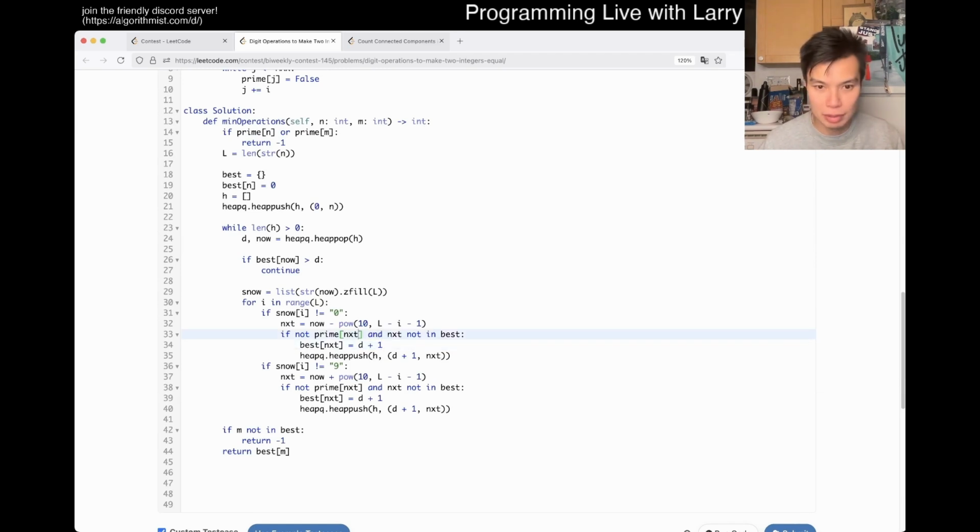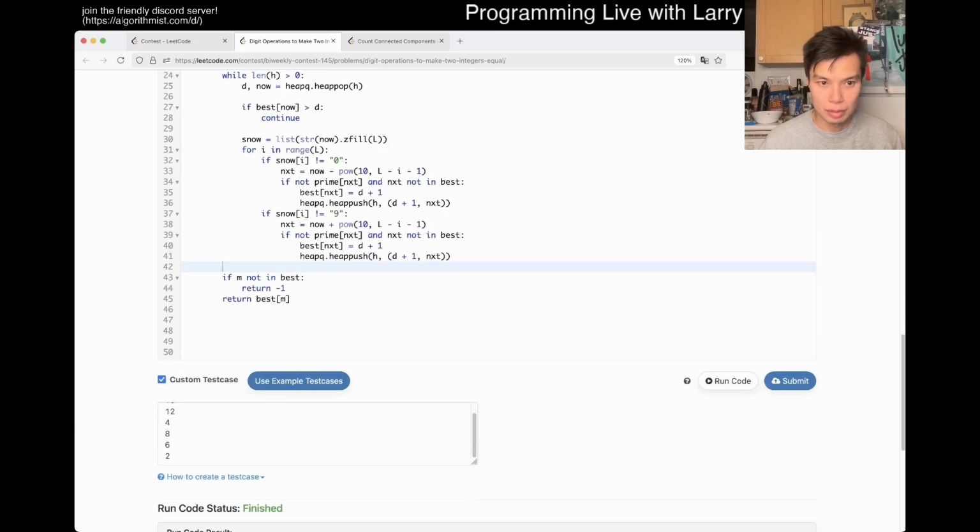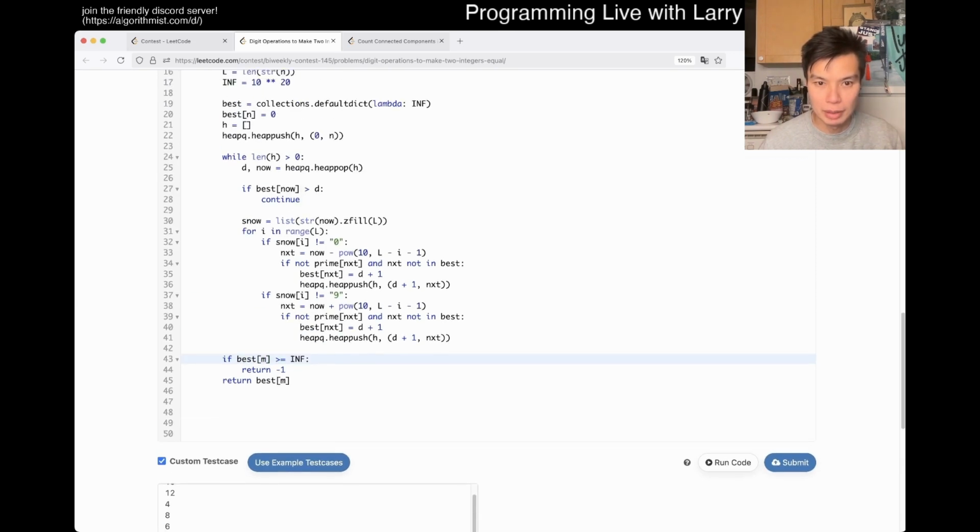The cost function is n, if, and then now is greater than d plus the cost, which is the new number.